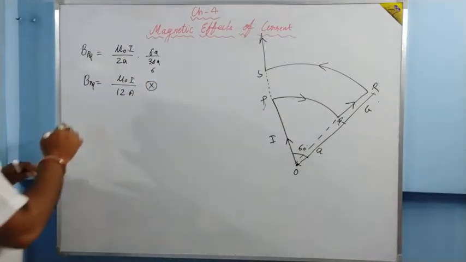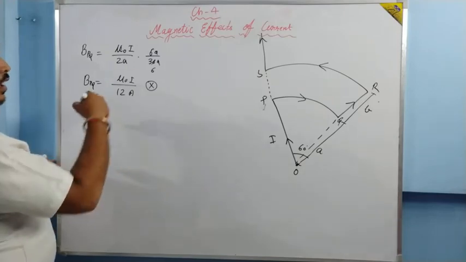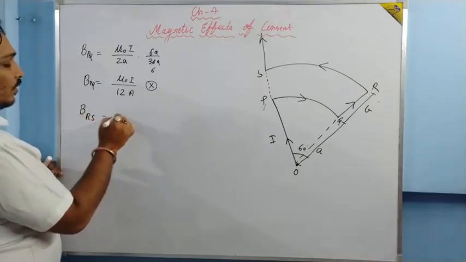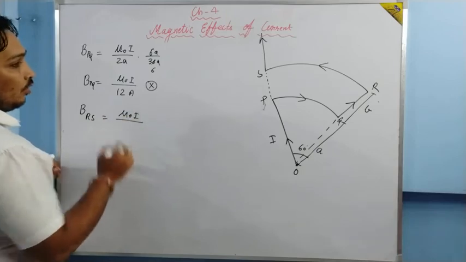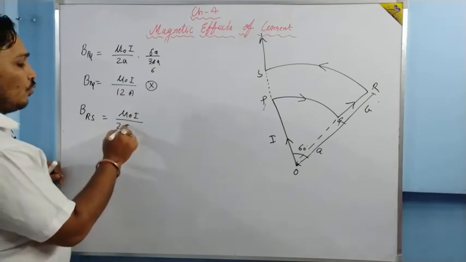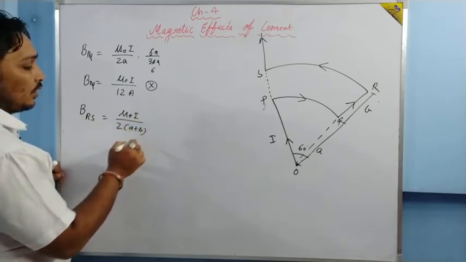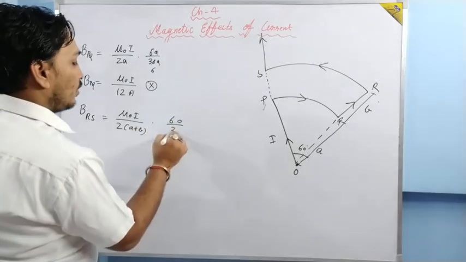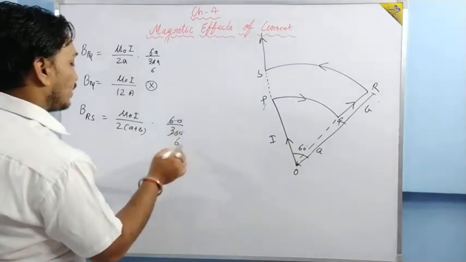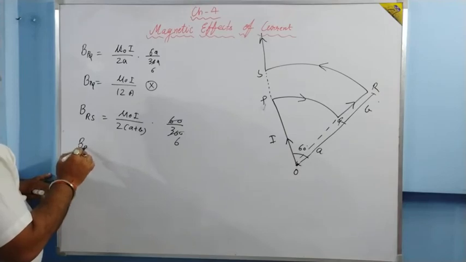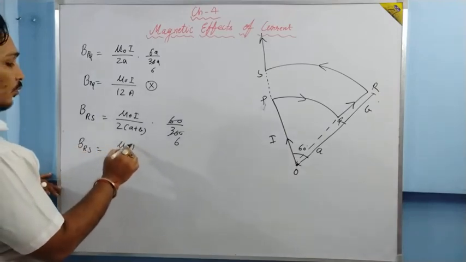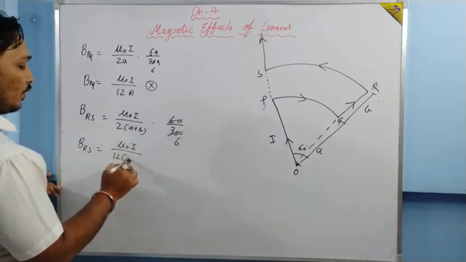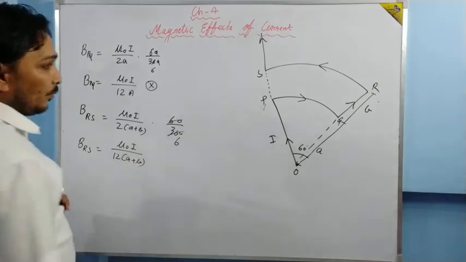What is the magnetic field due to RS? Mu naught I upon, now what is the radius? Radius is A plus B. 60 upon 360, cut will be 6 times. 6 into 2, so B2 due to RS will be mu naught I upon 12 into A plus B. And what will be the direction?